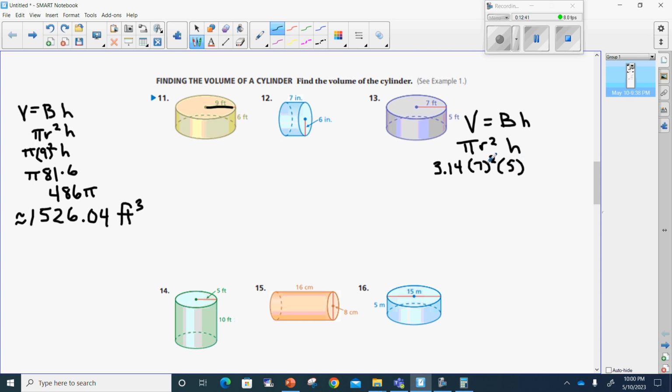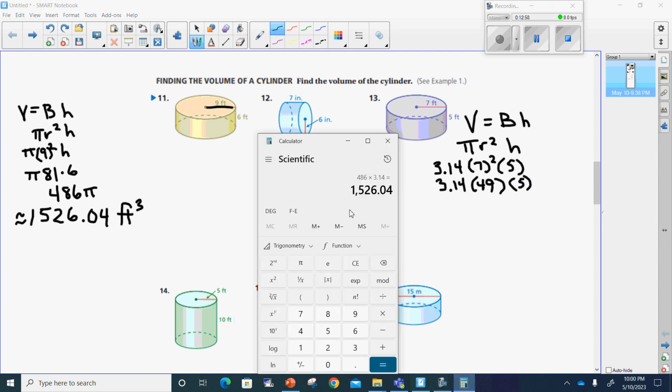We have to do exponents before anything, following PEMDAS. We know this is going to be 3.14 times 49. 7 times 7 is 49, times 5. Well, let's try it.